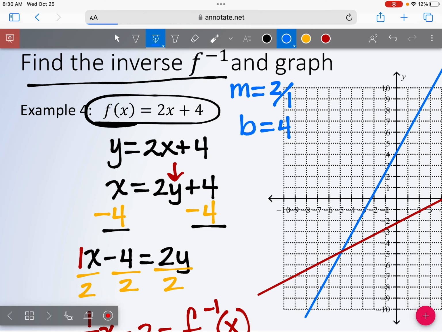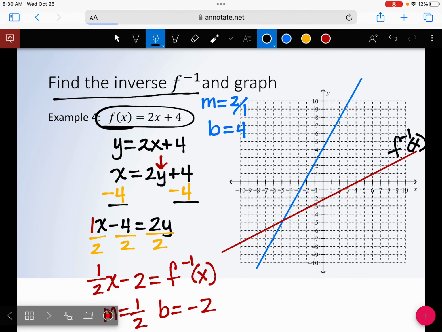Put a point at 4 on the y-axis, and then go up 2 to the right 1, up 2 to the right 1, up 2 to the right 1. So there are two different functions that we graphed: f of x, and the inverse.